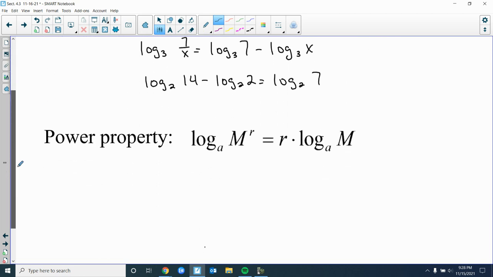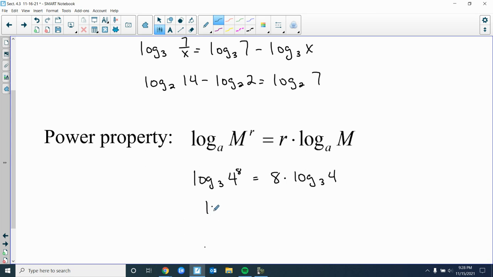Power property. Third one. Log base A of any constant to a power can be written as that power times log base A of m. So if I have log base 3 of 4 to the 8th power, I can make that 8 times log base 3 of 4.